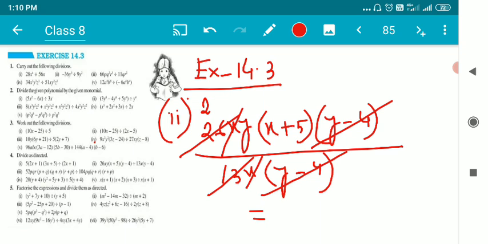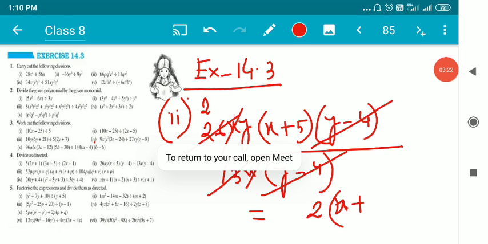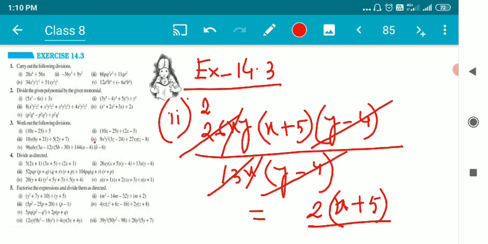Finally, what do I have? I have got 2 in the numerator into (x plus 5), and down there is nothing, which means 1. So naturally we can write 2 into (x plus 5). That is our answer.